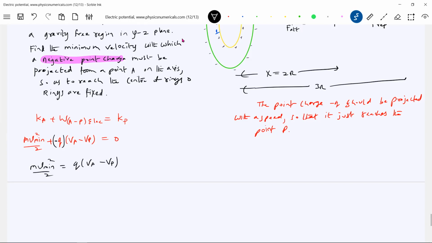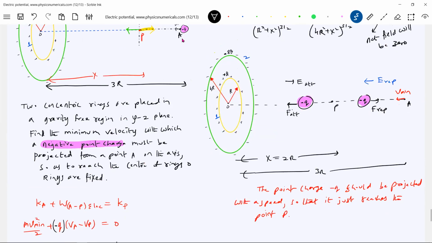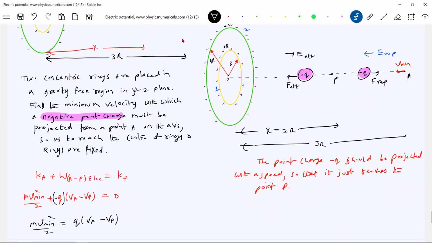Further simplification of this: what we should calculate is the potential at point A and the potential at point P. Potential at point A due to each ring: KQ by root of R square plus 3R whole square, plus K times minus 8Q by root of 4R whole square plus 3R whole square.